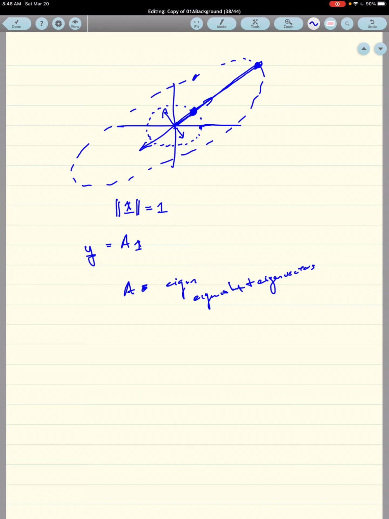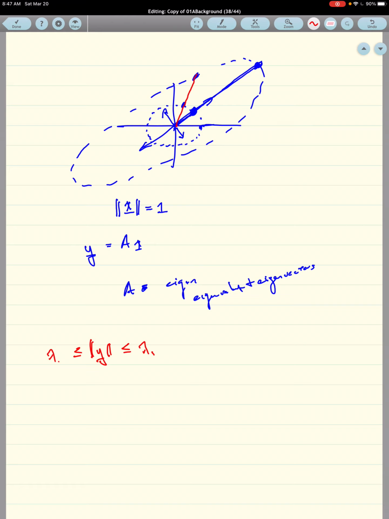Now, if I look off of the major axes, the color along this ray coming out from the origin won't align there. Okay, and furthermore, if you look at the magnitudes of Y, they're going to be between the two eigenvalues.